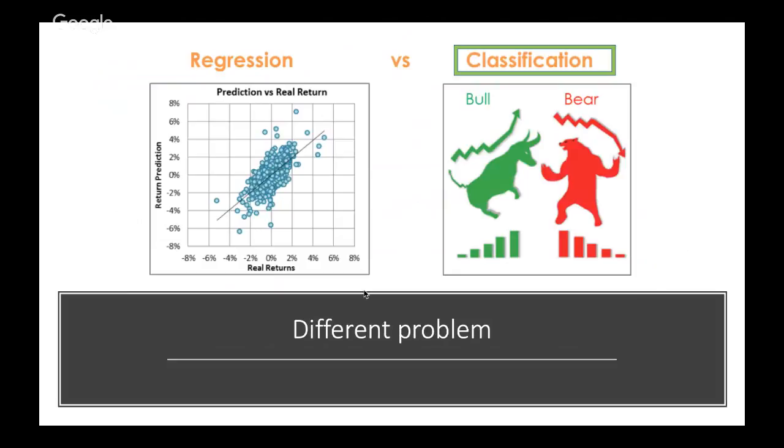For problems where we want to use machine learning, there are basically two kinds. One is the regression problem: we give a value and want to generate another value, with no limit on the values. The other is classification.